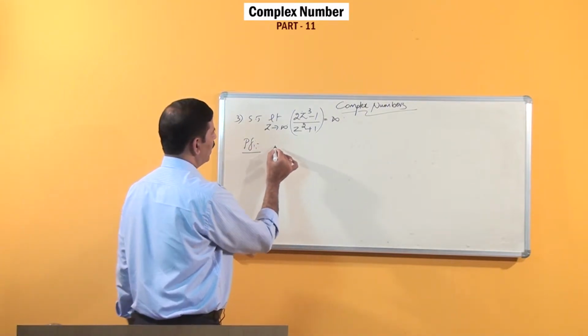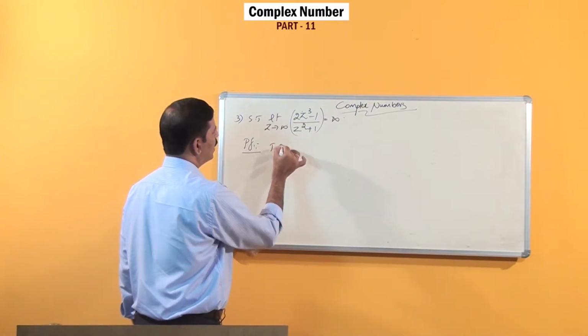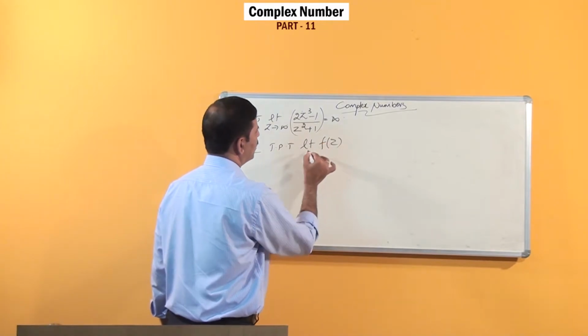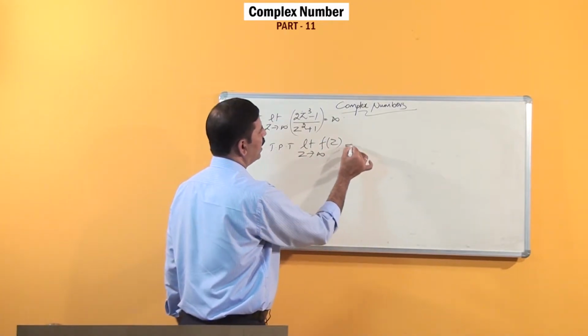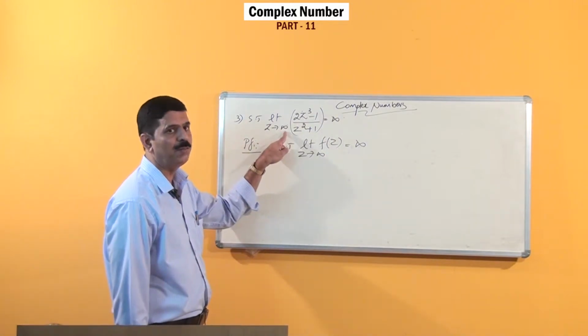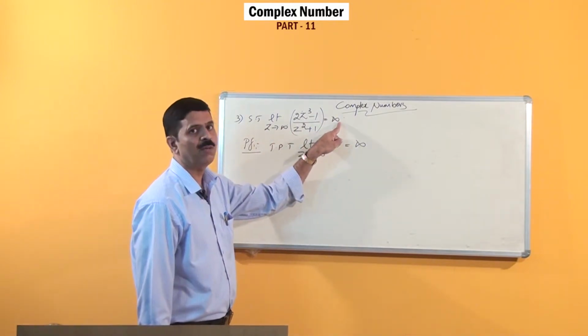Now, in proving a problem of this type, the general way is to prove that the limit of f of z as z tends to infinity is equal to infinity. You observe that the limit is given as infinity and the answer is also infinity.